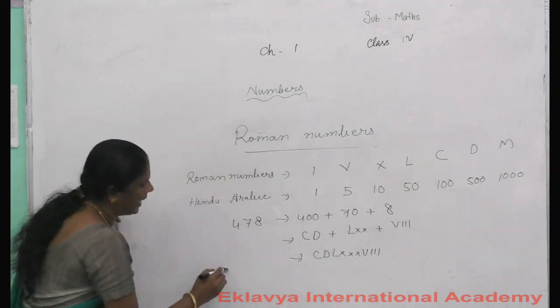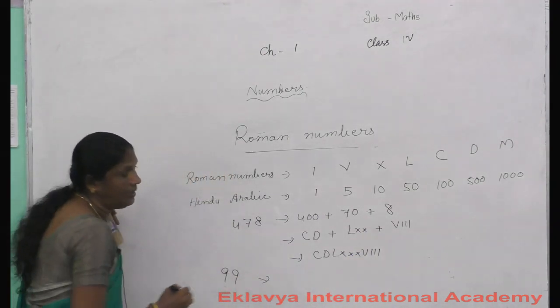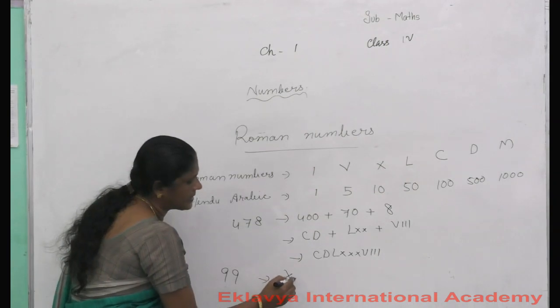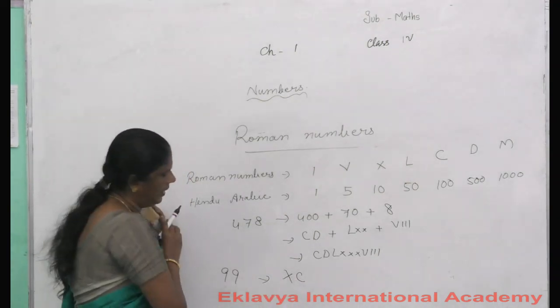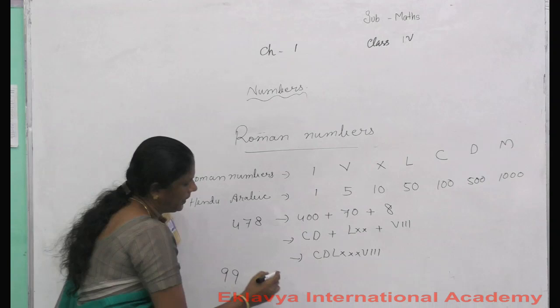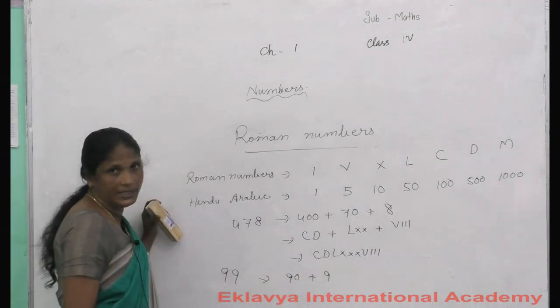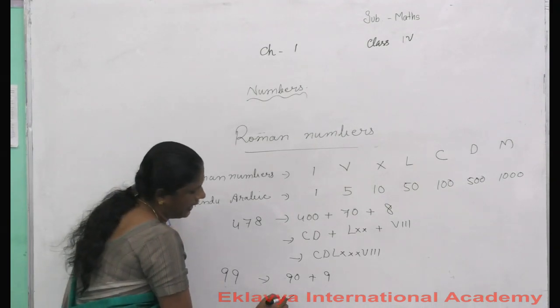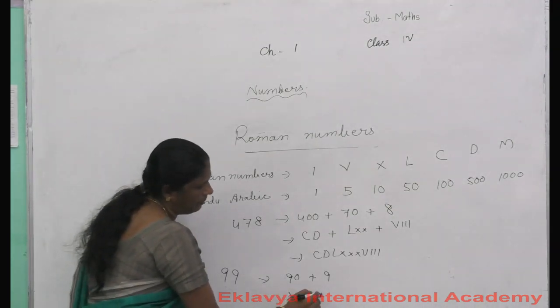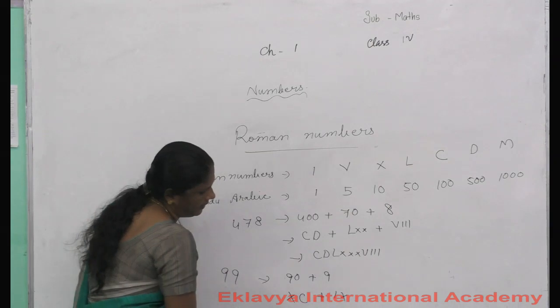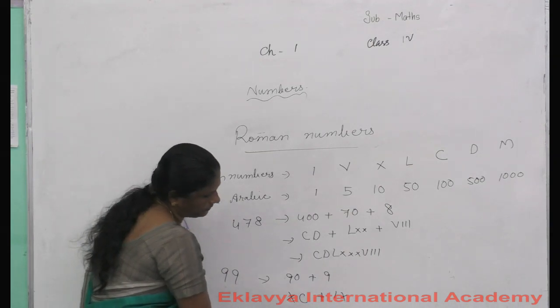Understand? Then 99. How to write 99? XC is 90. Again you expand: 90 plus 9. Then X and C for 90 plus 9. 99.